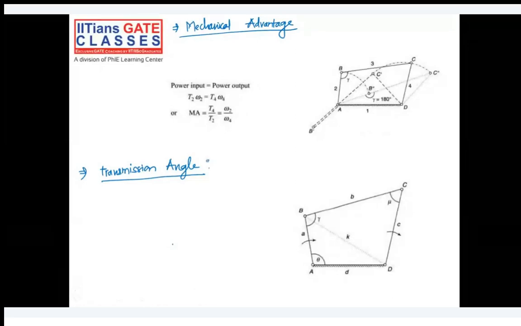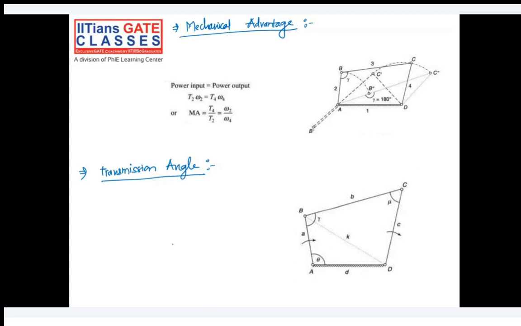Okay, so mechanical advantage is nothing but the ratio of output torque to the input torque, at any instant, you can say. So suppose this is a mechanism ABCD, AD link is fixed, and if you assume that there is no friction between the joints, and there is no inertia force.